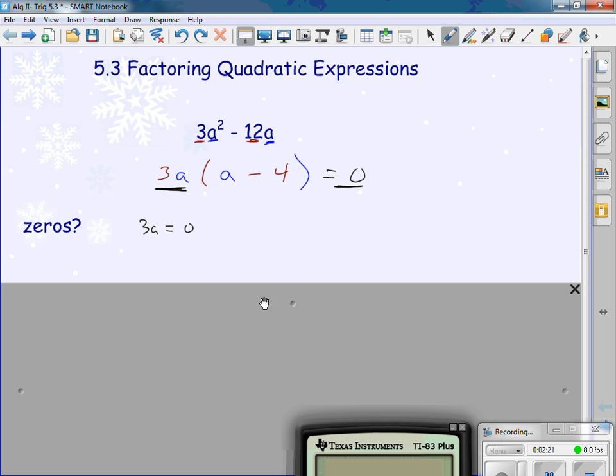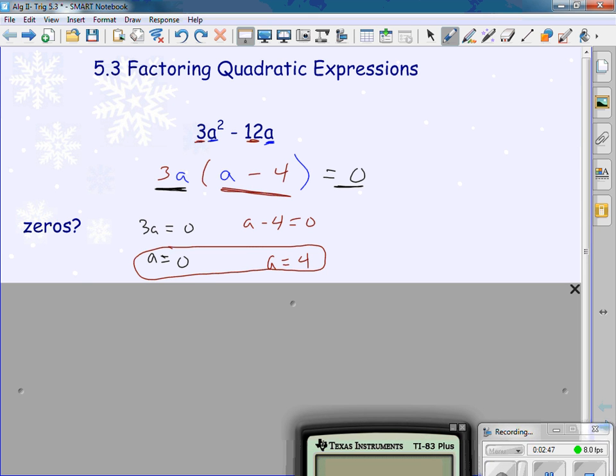What do I do? Divide by 3, and a is 0. If I take this piece right here and set it equal to 0, a minus 4 equals 0. Add 4. So a is 4.